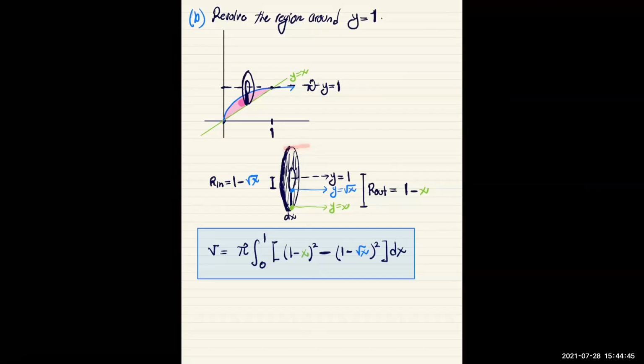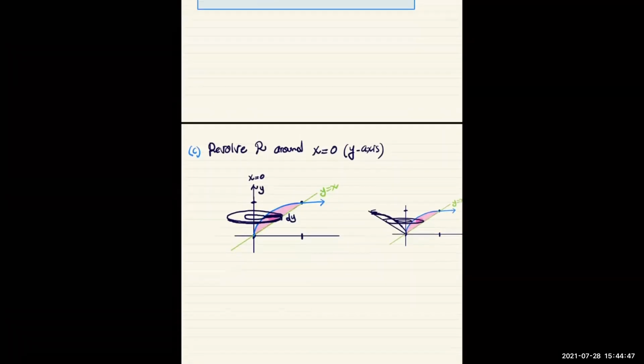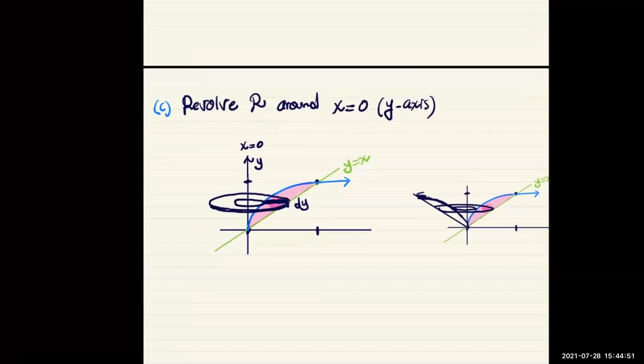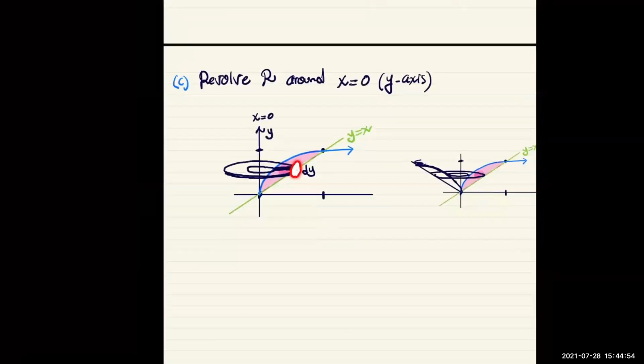Top y minus the bottom y. Here it's going to be x's. For instance, this point is from here to here, and that's an x value. This point is from here to here. That is an x value.